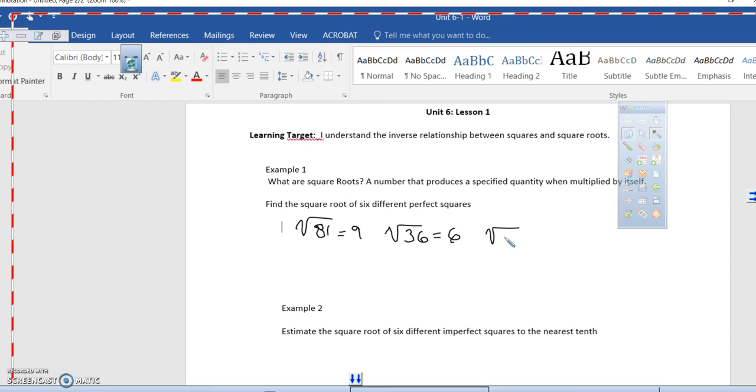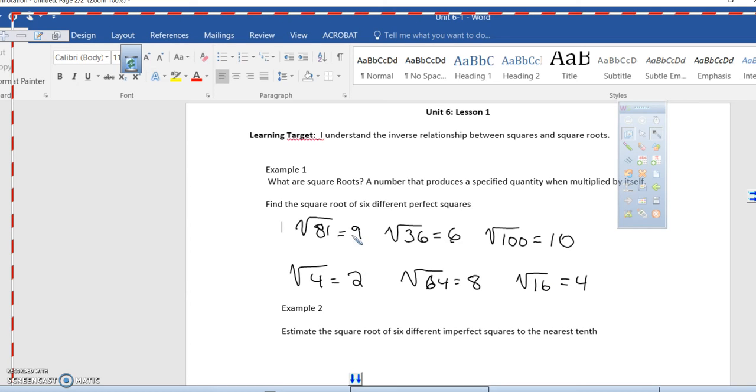Square root of 100? 10. Square root of 4? 2. Square root of 64? That's 8. Square root of 16? That's 4. Those are our perfect squares, the ones that come out to nice whole integers.